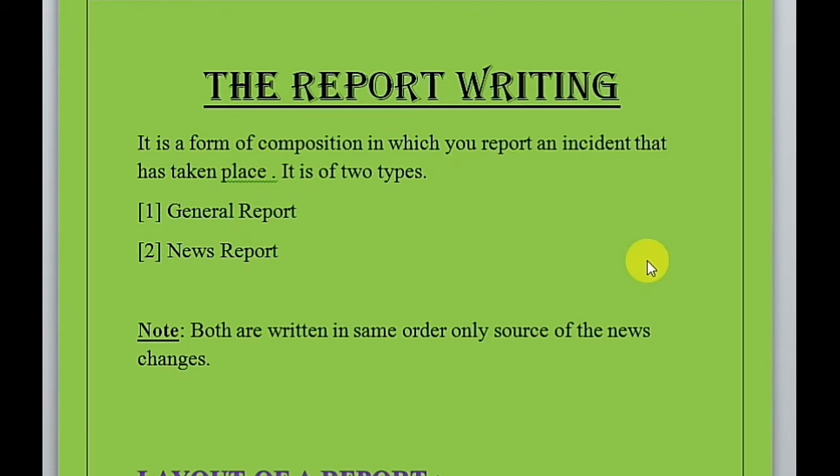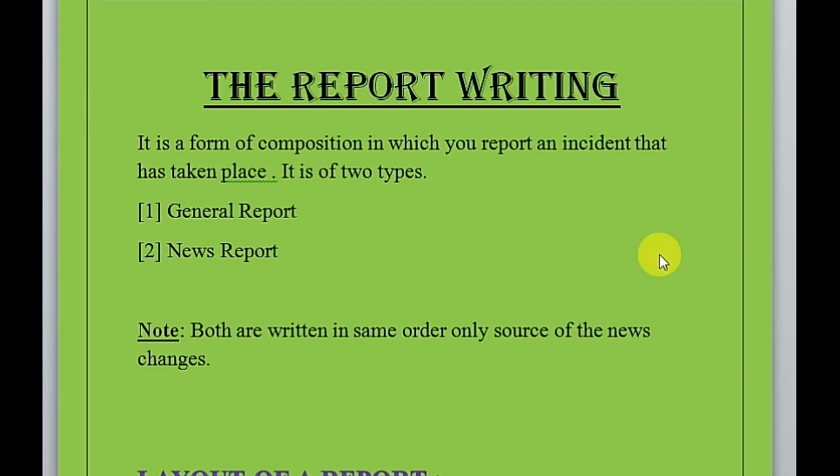It is a form of composition in which you report an incident that has taken place earlier. It is of two types, general report and news report. A general report means a common report, and a news report is one which is published in the news.